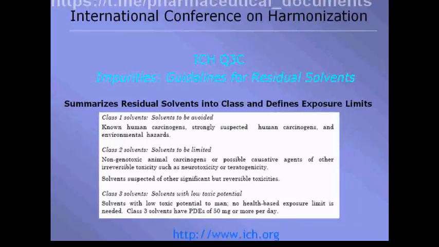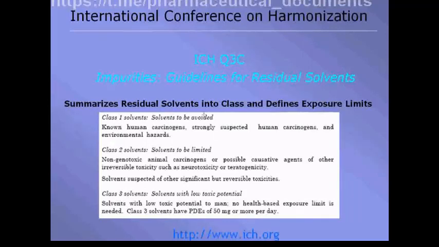So they're based in class by toxicity. What we will find in this document are Class 1 solvents should be avoided, Class 2 solvents are solvents to be limited, and Class 3 solvents are solvents with low toxic potential. So Class 1, Class 2, and Class 3 are the classes of solvents based on toxicity.